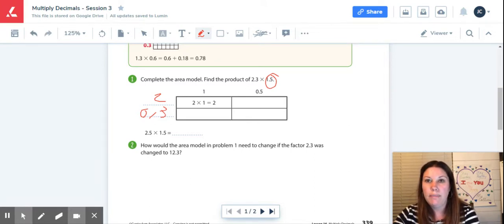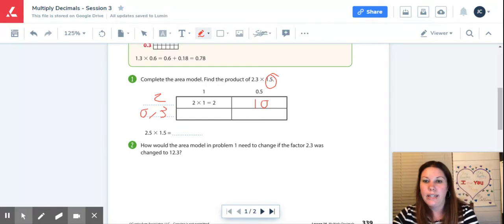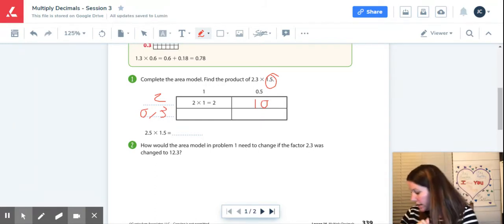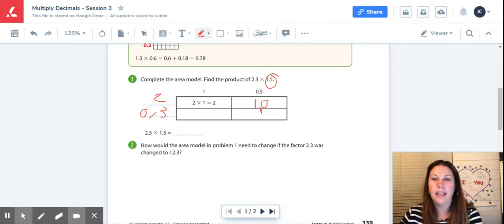Well, we know that 2 times 5 is 10, so I'm going to go ahead and put 10 here. And it has 1 decimal point, so it is going to go here. That's what that little slash is, it's going to be the decimal point. So it becomes 1.0.